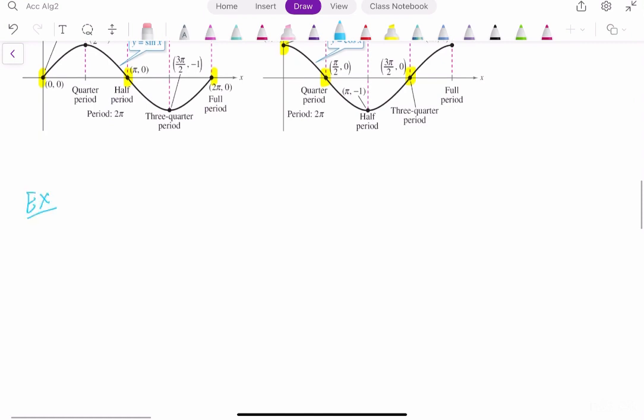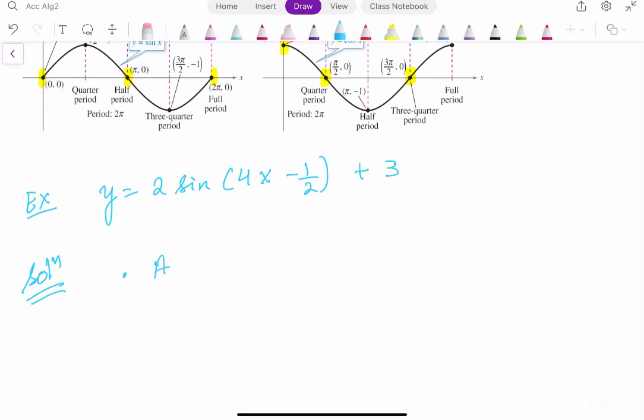Let's take one example and we will discuss what key components you need to keep in mind while analyzing the function. So y is equal to 2 sine of 4 times x minus 2, plus 3. So let's analyze it. The first analysis will be about the amplitude. Remember, amplitude is the absolute value of a.